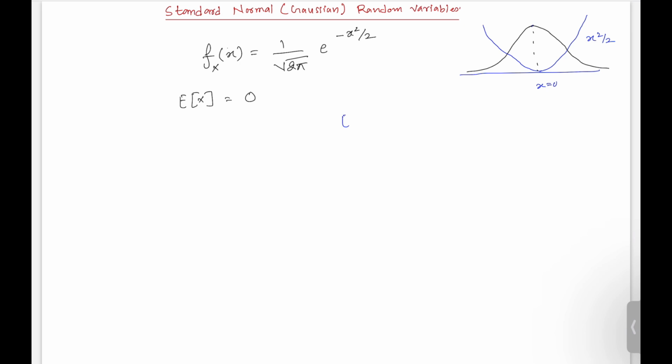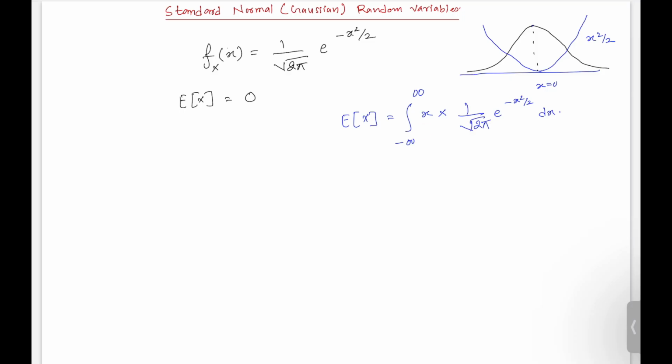We know how to find the expectation of a random variable. We just need to integrate from minus infinity to plus infinity this expression: 1 divided by root 2 pi e to the power minus x square divided by 2, times x, dx.